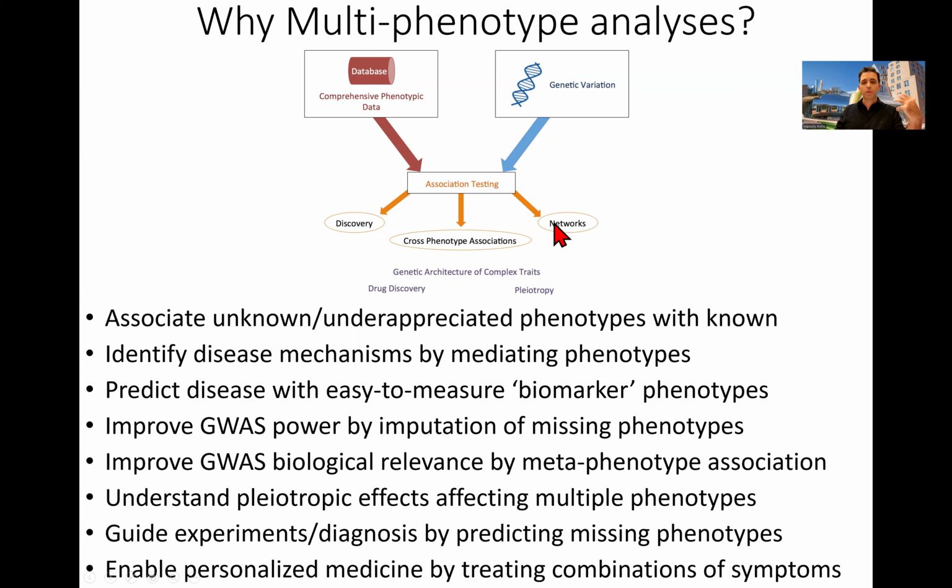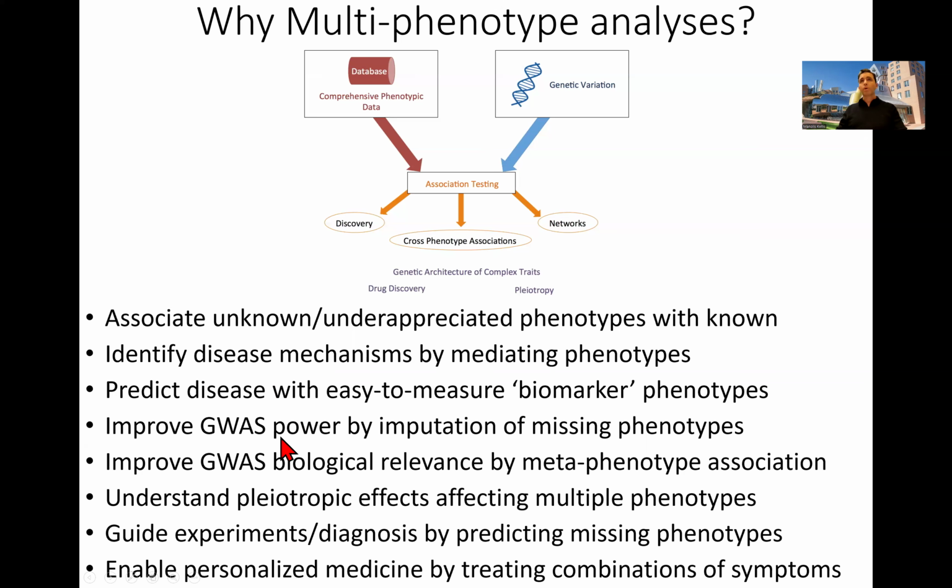You're able to learn networks and the genetic architecture of complex traits, which has implication on drug discovery and pleiotropy. So the idea is, can we now associate either unknown or underappreciated phenotypes with known phenotypes? Can we identify disease mechanisms by understanding the mediation of those phenotypes? Can we start predicting disease using easier to measure biomarker phenotypes?